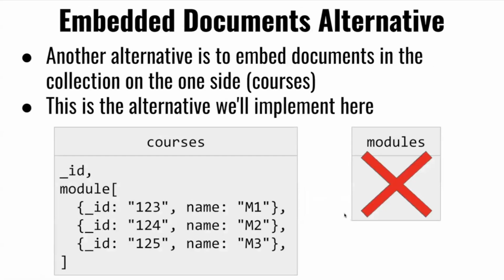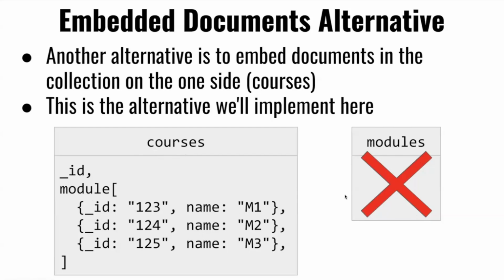Now, furthermore, in the non-relational world, we could implement it by just embedding all the records of the modules in their appropriate course, completely eliminating the need for a separate collection or separate table. The data structure for the document that maintains the course could have a field called module that is an array of modules.